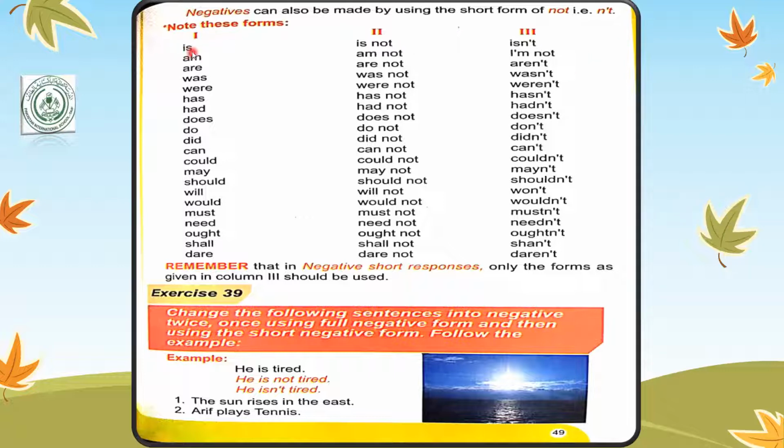Here, note these forms. Number one is column 2 and 3. Column one is the positive form, second is not, and third is isn't.